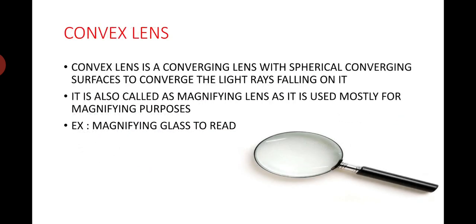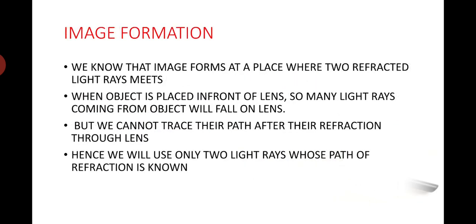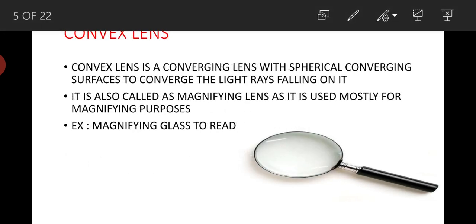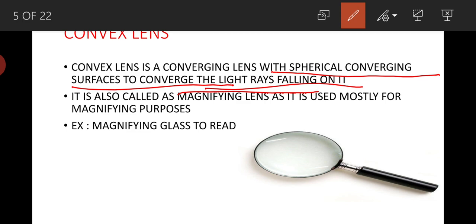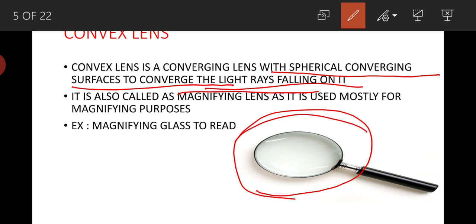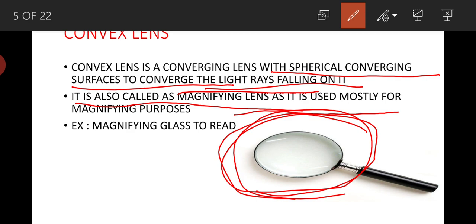Now let us see what is convex lens. Convex lens is a converging lens with spherical converging surfaces on both sides to converge the light rays falling on it. It is also called a magnifying lens as it is used mostly for magnification purposes.